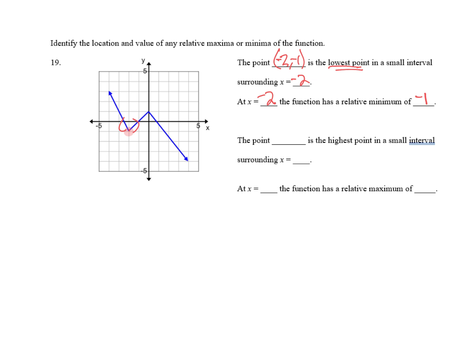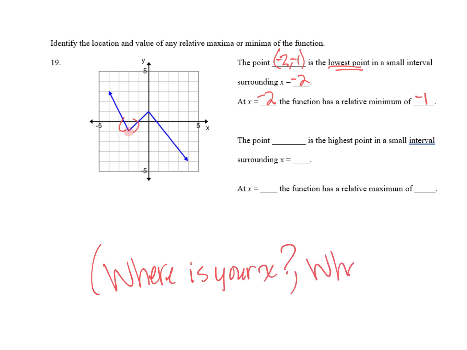So here's what I like to say. Where is your x? What is your y? And why do I say that? It's because anytime we are describing where something happens on a graph, we're always going to be using the x value of the coordinate.